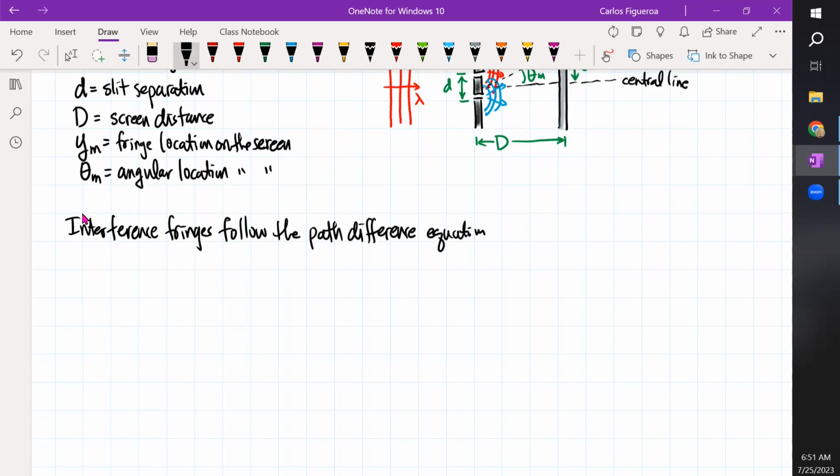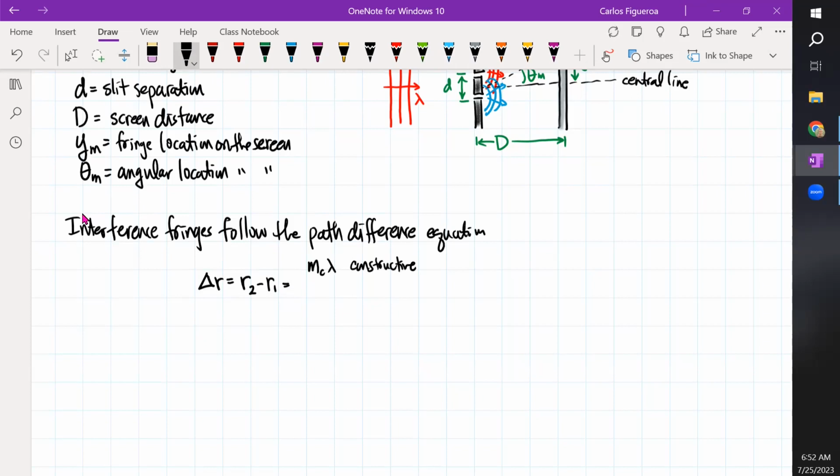And what that means is that if I have a path difference between two waves, as we've already talked about, if I have whole waves, I'm going to get constructive.